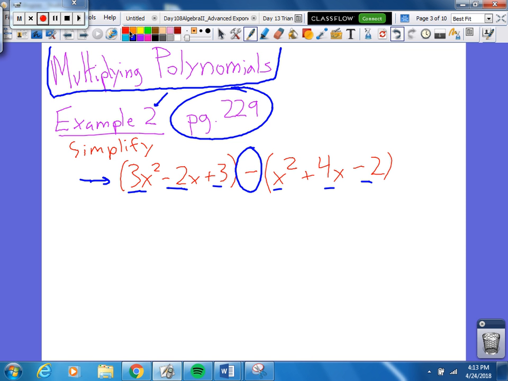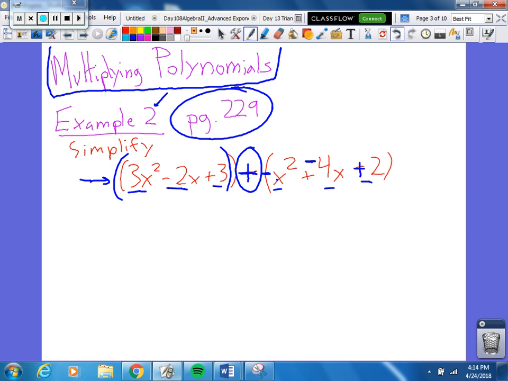I'm going to leave the first part the way it is, then I'm going to add, and then I'm going to change the signs of everything. So x squared is positive, make it negative, and 4x is positive, make it negative, and -2 is negative, so -1 times -1 is positive. Essentially you just multiplied everything by -1. So change all the signs, and I'm good to go.